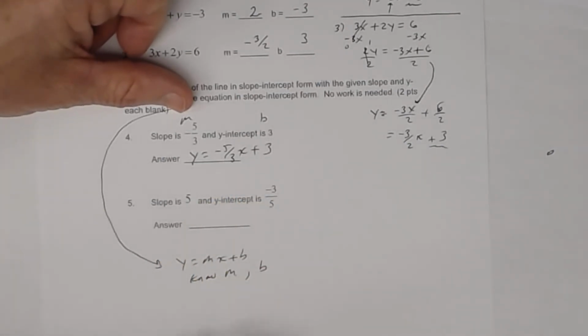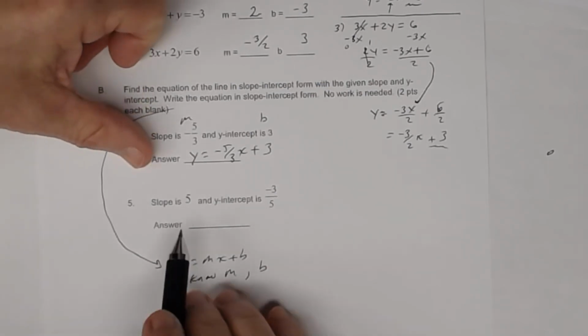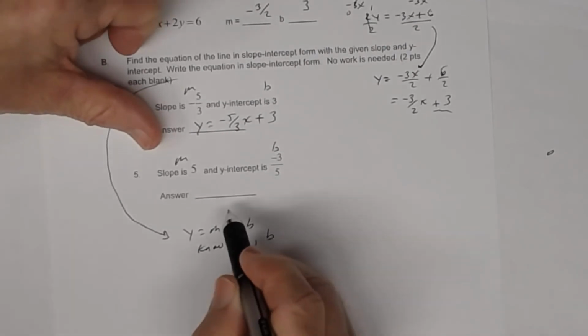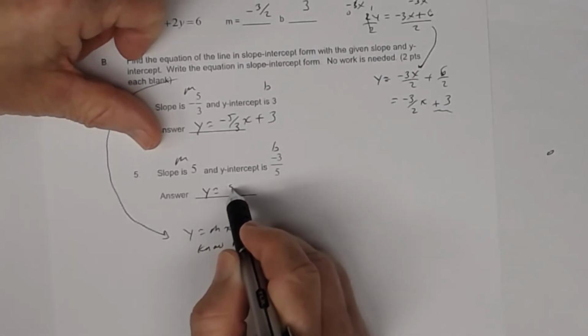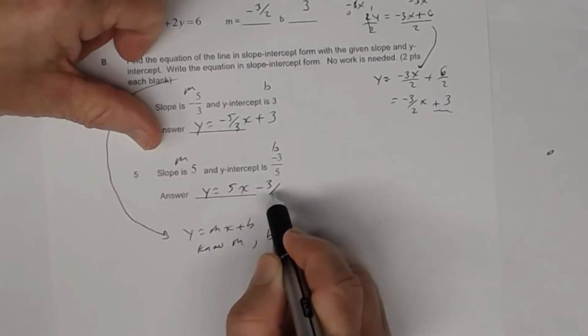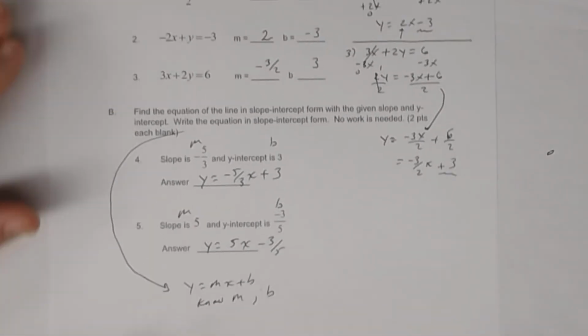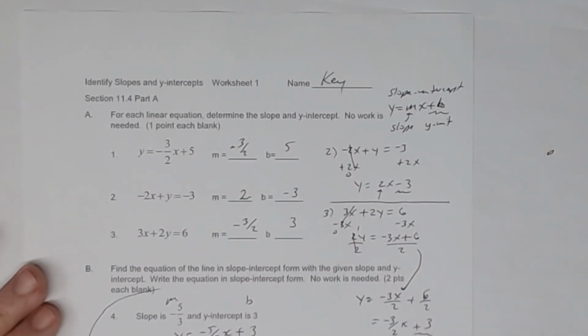So that's the answer to number 4. And number 5, there's your slope, there's your y-intercept, and do the same thing. You're going to say y equals 5x minus 3/5. And that's it, there's your answer. So that is the key to this worksheet.